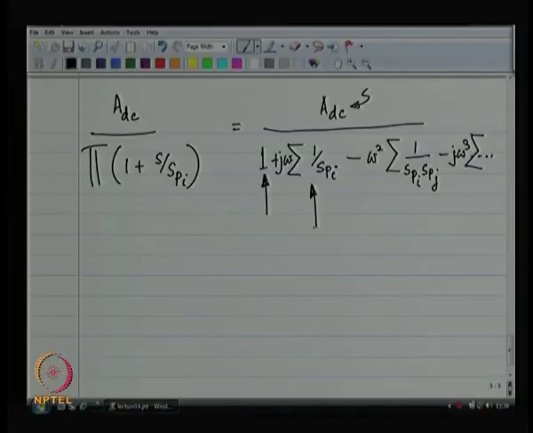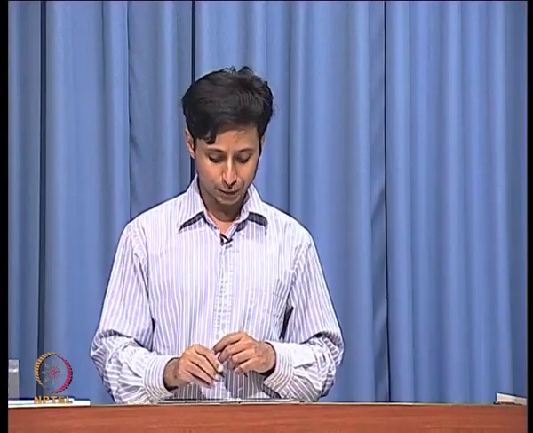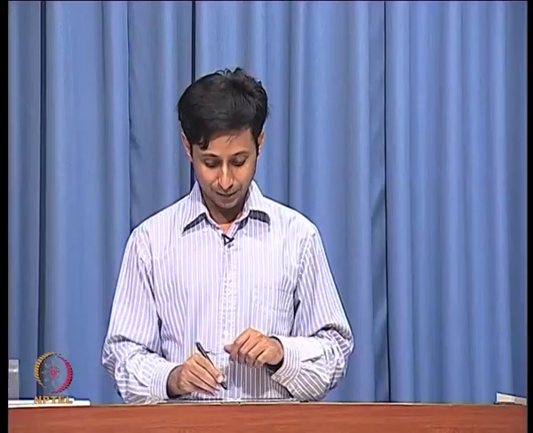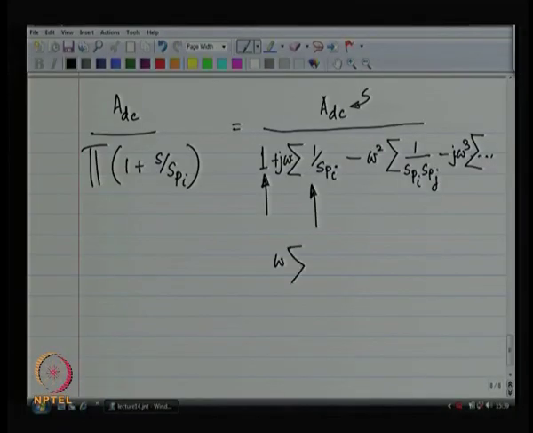Therefore, the contribution of the first order term is all that matters, which means that the 3 dB frequency is the frequency at which the contribution from the first order term is equal to the contribution of the 0th order term, which means that the 3 dB frequency is such that the condition I wrote down here, 1 by SPI happens to be tau pi.